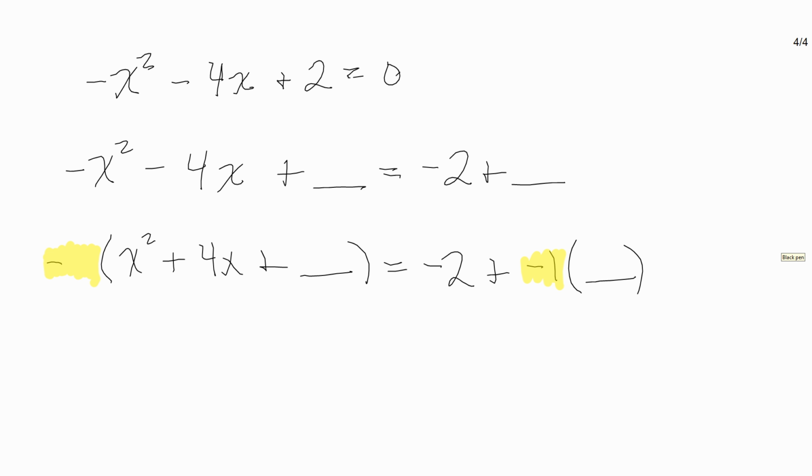And then I'm going to put a note: whatever you factor out, you multiply by the right side blank.